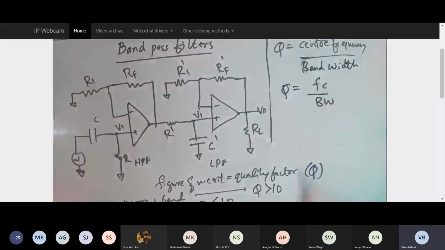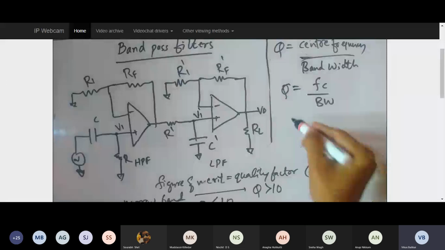Now again the question arises, what exactly is the center frequency? Center frequency comes into the picture because there are two frequencies here, FH and FL. The frequency in the middle, which is the optimum frequency for both the low pass and high pass filter, is your center frequency.